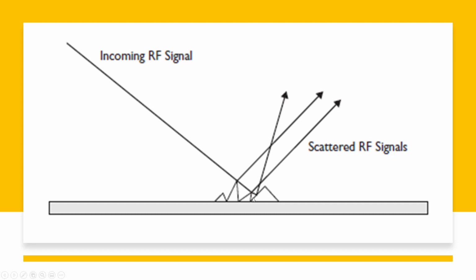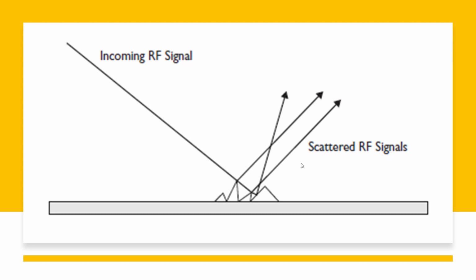Whenever a signal hits, it scatters the signal. When we talk about reflection, here reflection means it's only on a uniform surface. It hits here, it reflects like this. If it hits another place, it reflects differently. So the signal is literally scattered into several directions.